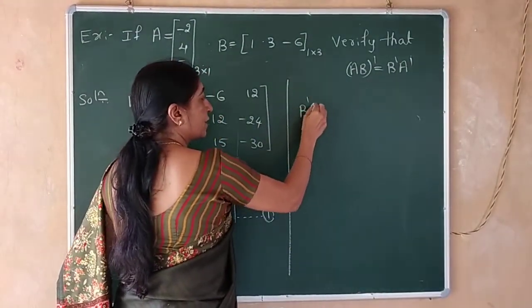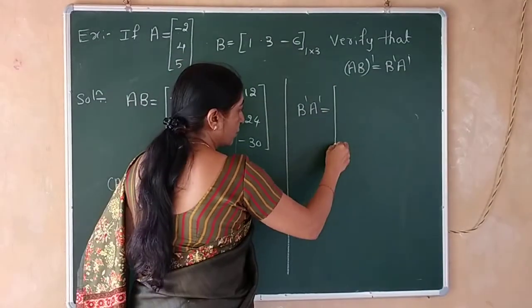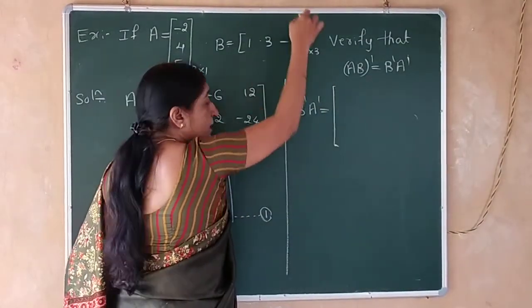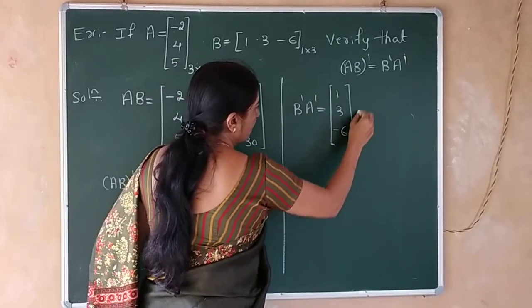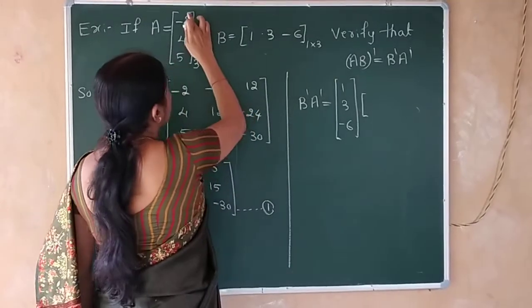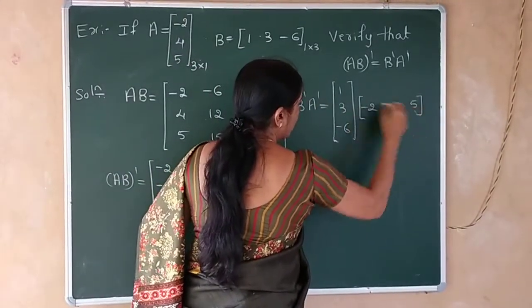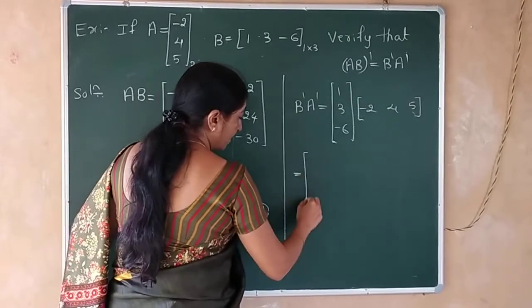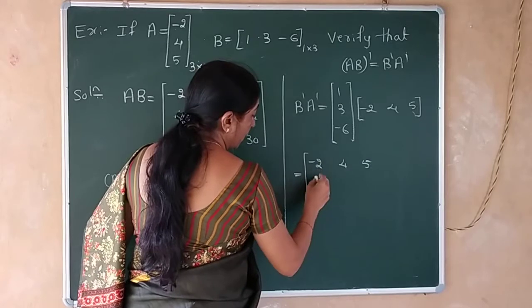Next I am moving to this part. Right side, B dash into A dash. B dash means transpose. What is the transpose of B? One row changes as one column. 1, 3, minus 6. Then A transpose. It is minus 2, 4, 5. Then multiply. Minus 2, 4, 5. Next with second row.